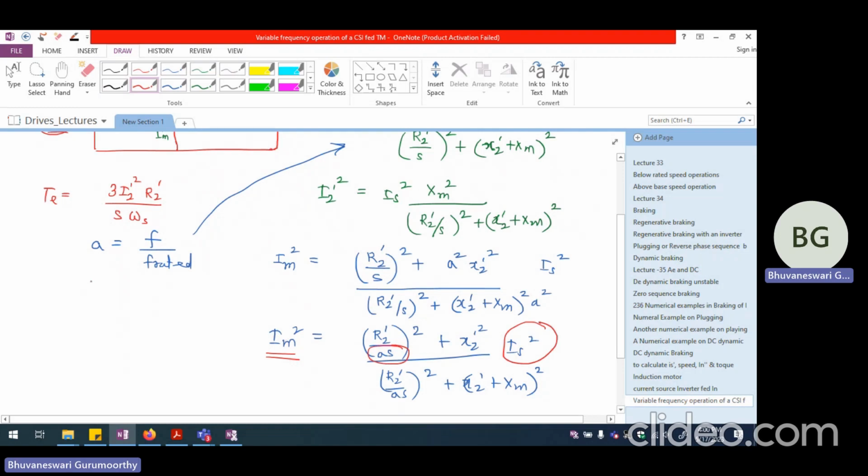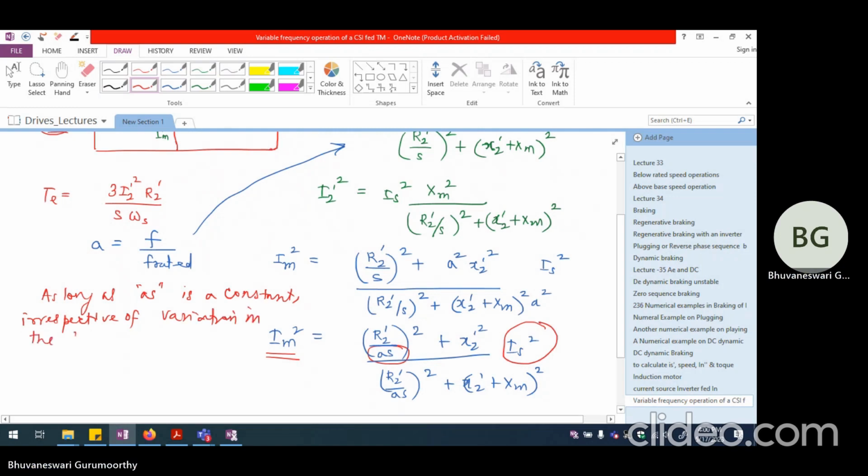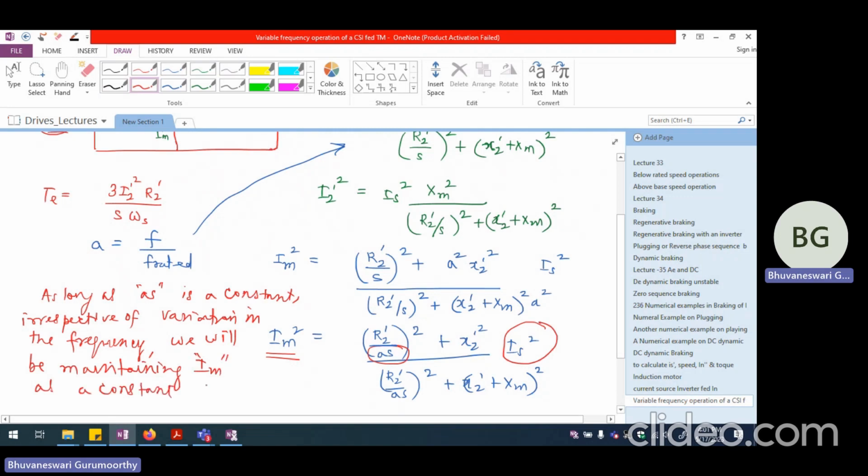So just to put it very clearly, as long as AS is a constant, irrespective of variation in the frequency, we will be maintaining Im as a constant, that is the flux as a constant, for a given value of Is.